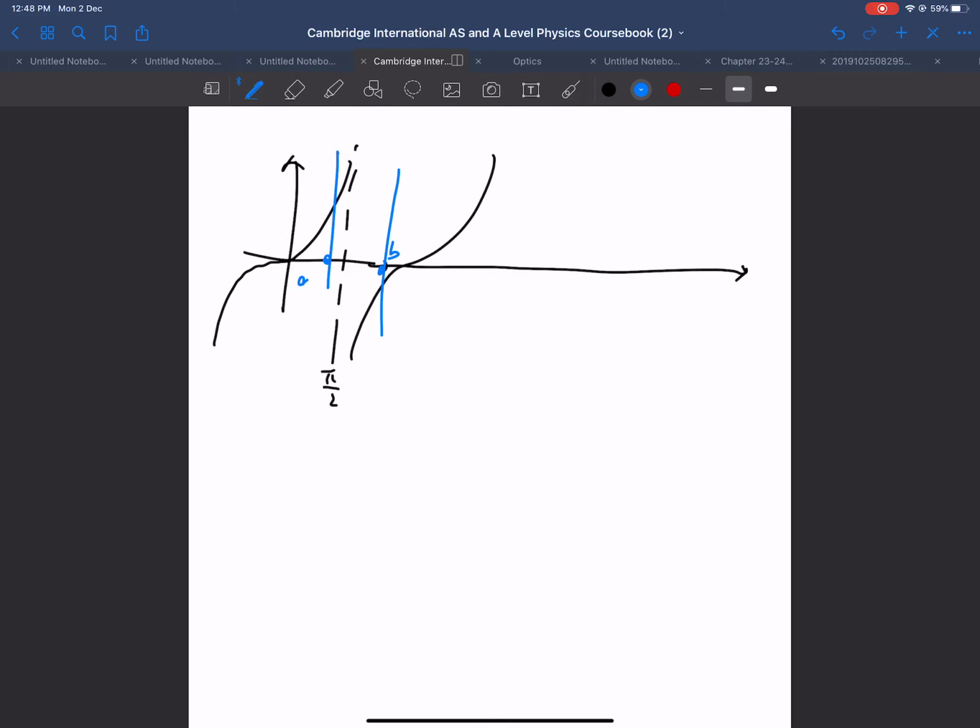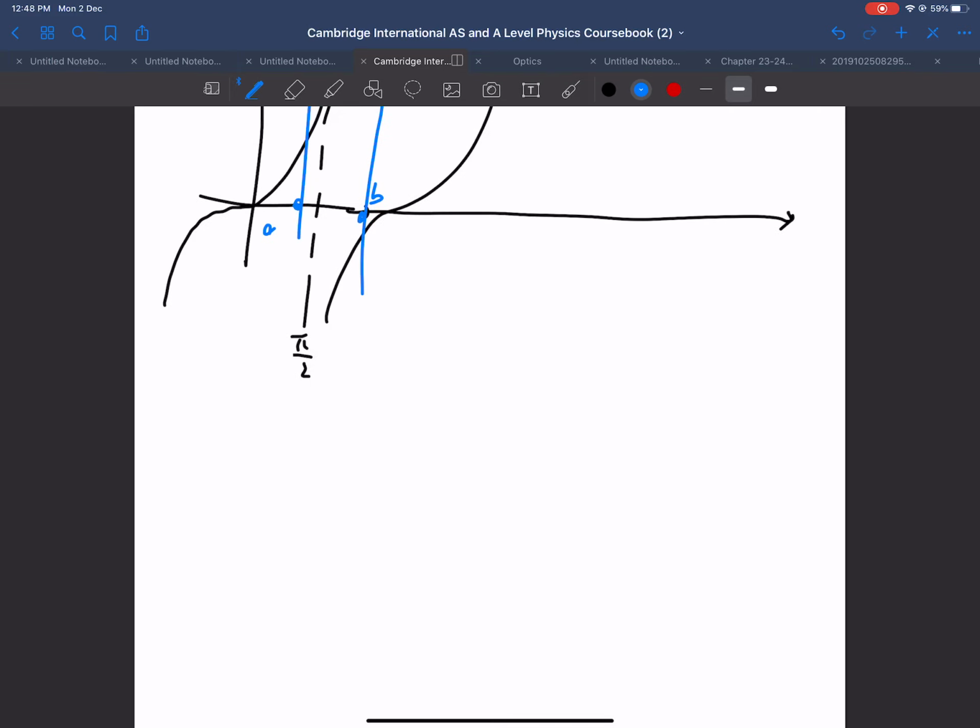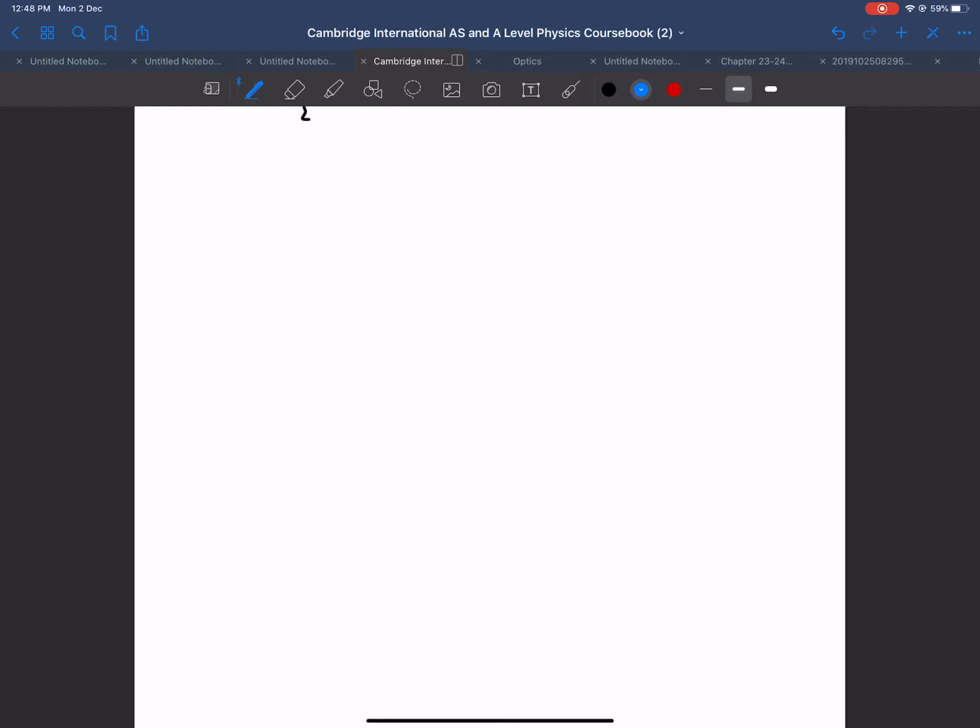Now, look at the textbook, example 1. It gives you a cubic polynomial and asks you to show that there is a root between x equal to 2 and x equal to 3.